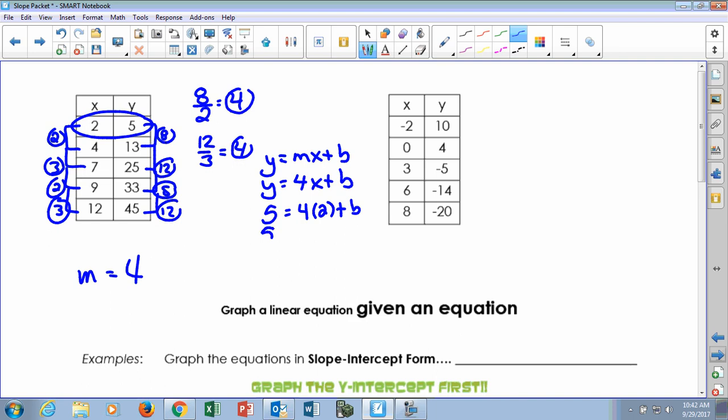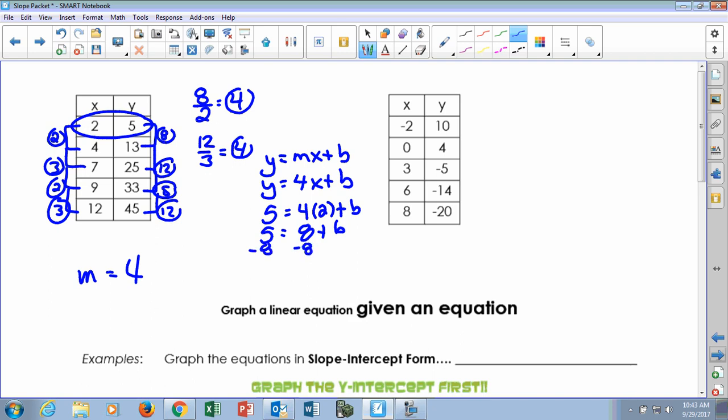So what's 4 times 2? Now, this is why we spent all this time solving equations early on, so you can understand how to isolate a variable. I got to get b all by itself. What am I going to do, Alex? Got to do the opposite, right? So 8's positive, so I got to subtract it from both sides.